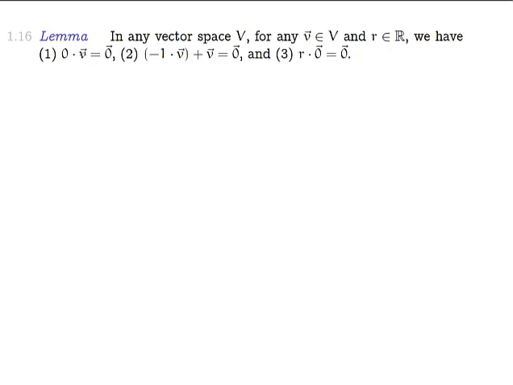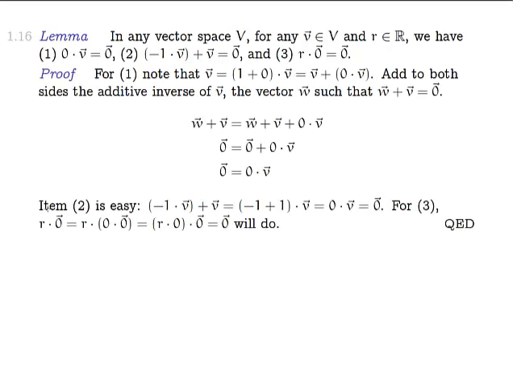If you scale a vector by 0, it should shrink the vector down to 0. If you multiply a vector by minus 1, that is, you're scaling it in the opposite direction, it should give you the additive inverse. And if you scale the 0 vector, it should remain the 0 vector. So this agrees with our intuitive ideas of vectors as arrows, but we can give a formal mathematical proof in terms of the properties that we've seen before.